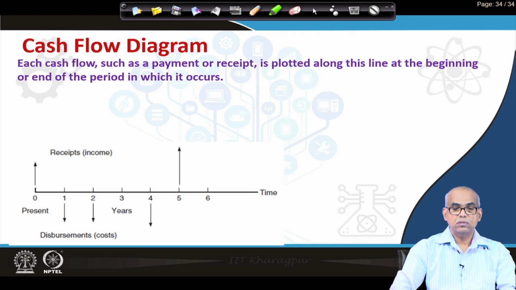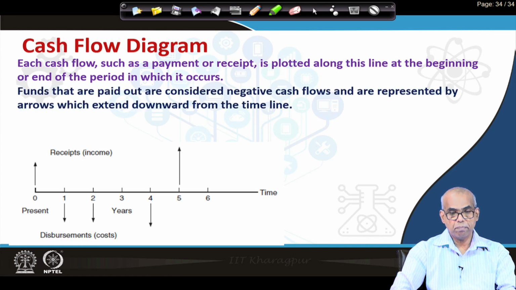Each cash flow, such as payment or receipt, is plotted along this line at the beginning or end of the period in which it occurs. Funds that are paid out are considered negative cash flows and are represented by arrows which extend downward from the timeline.